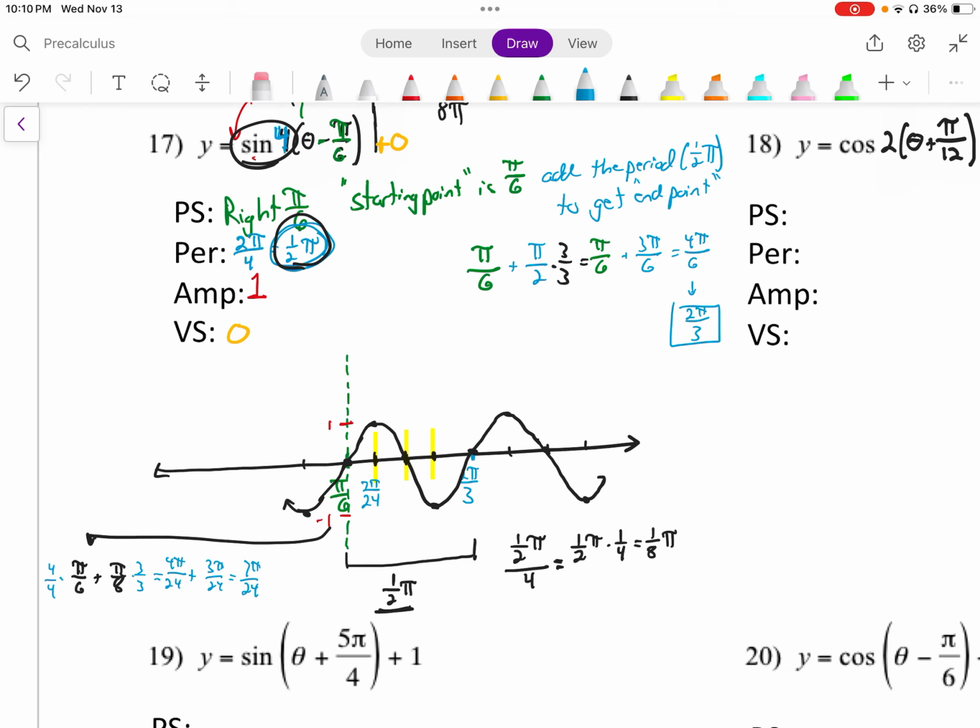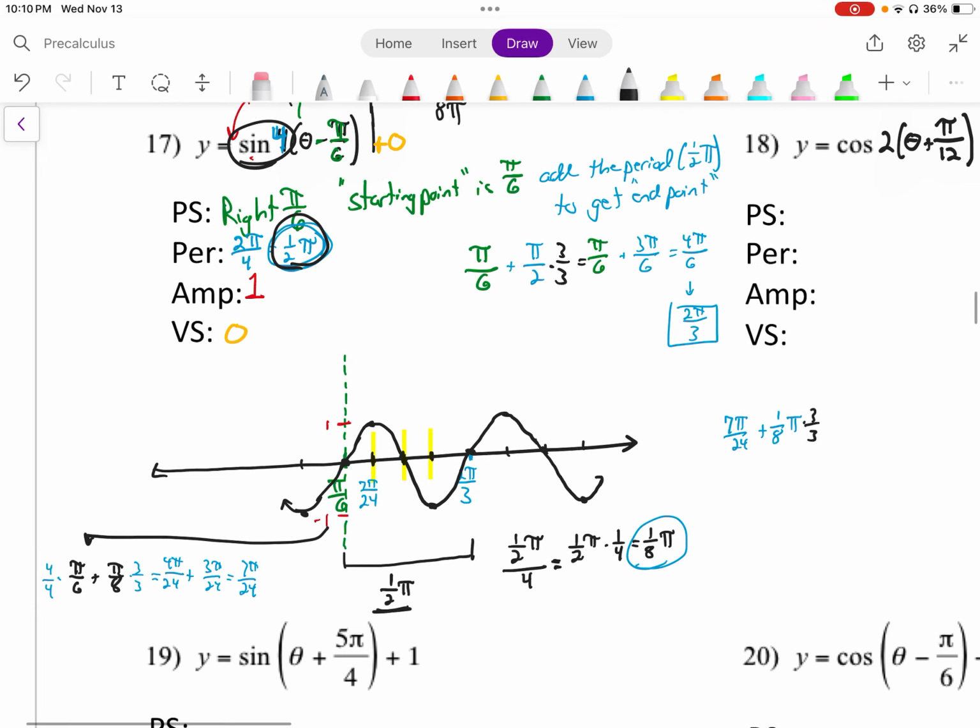Now we're going to take that 7 pi over 24 and we're going to add another 8th. I have to go all over the place here. So we're taking the 7 pi over 24, adding an 8th. So we need another common denominator, so we multiply this by 3 over 3. And this is going to be 7 pi over 24 plus 3 pi over 24.